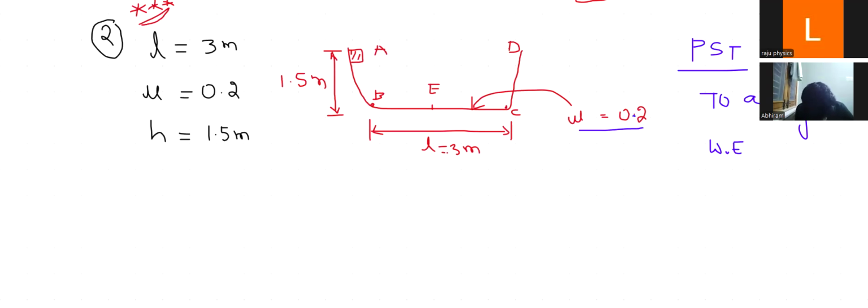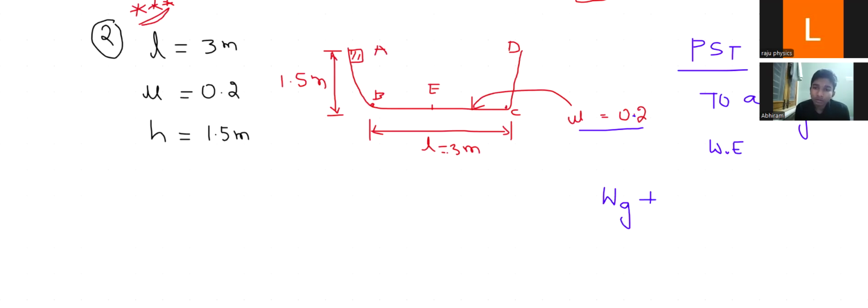No problem, I'll explain. Due to the friction force, some work is done, and that is frictional work. Due to gravity, some work is done, and that is gravitational work.